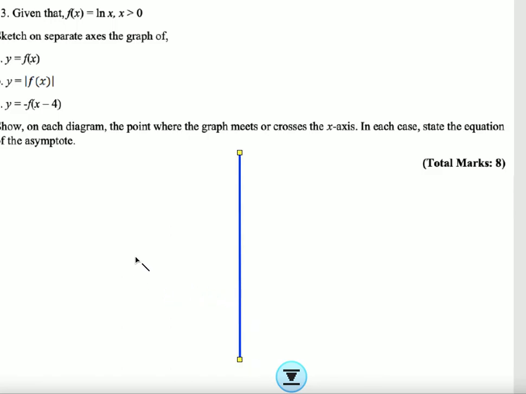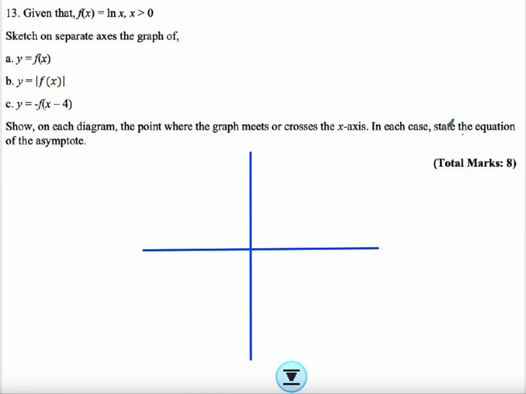And then third one, the trickiest of the three it looks. So negative f of x, that's a reflection, and f of x subtract 4, so it's been translated to the right by 4 units. So we're going to reflect it and move it to the right by 4 units. So it is going to look like this.